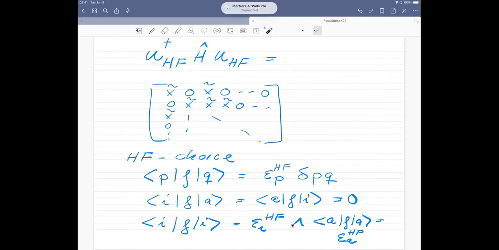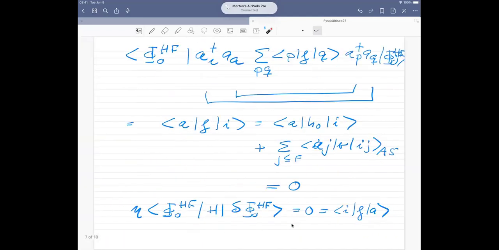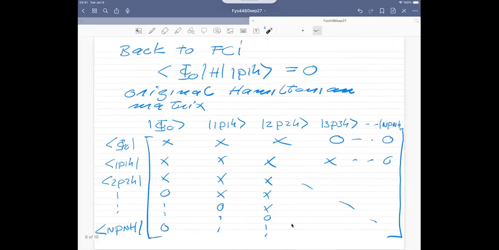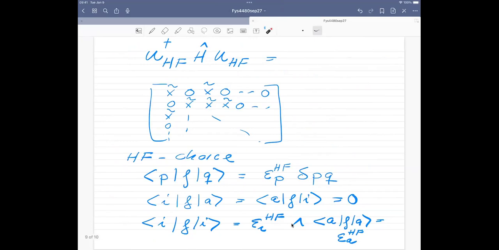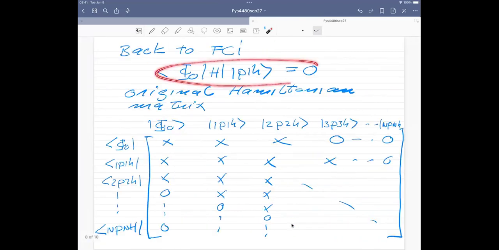Now, the only thing which we have from variational calculus is that these matrix elements have to be zero. So that gives us, from variational calculus, a choice in order to fulfill these conditions, which follow from this general case from variational calculus.